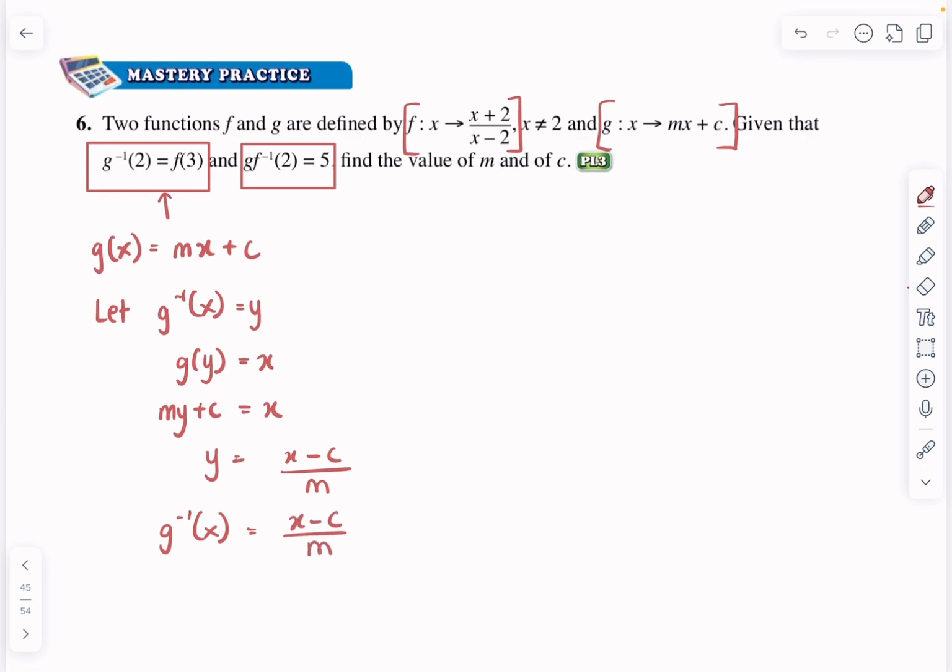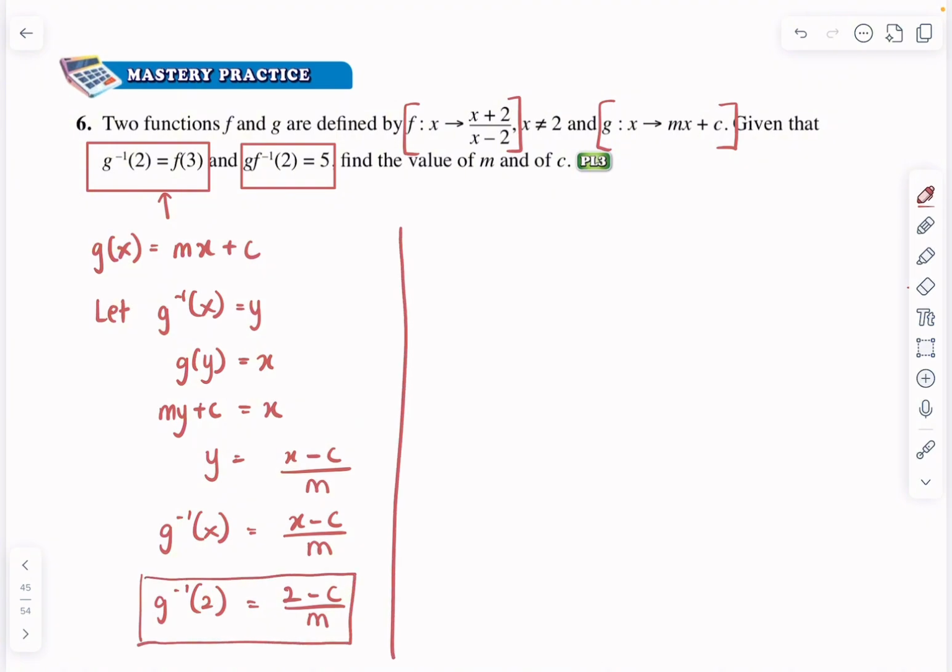Right. So if this is g inverse x, g inverse 2 will be 2 minus c over m. We just sub the 2 into the x. Now they said g inverse 2 equals f3. So 2 minus c over m must equal f3.